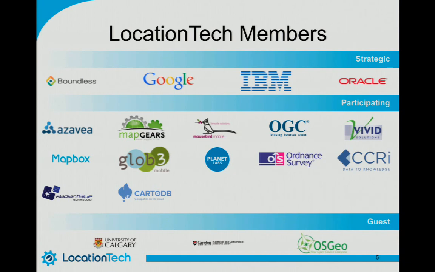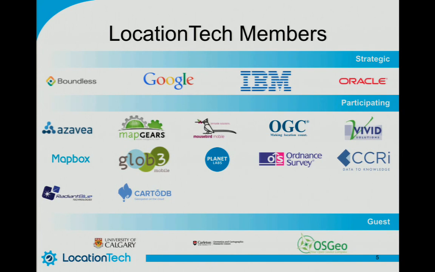LocationTech is obviously the geospatial working group. Science is focusing on scientific software like data analysis, visualization, simulation. We've got an automotive working group, and there's a whole bunch of other ones as well. These members, in fact many of them are represented here today, are basically organizations who care about systems that process spatial data and have spatial awareness. What's particularly cool is some of the big names you obviously recognize.